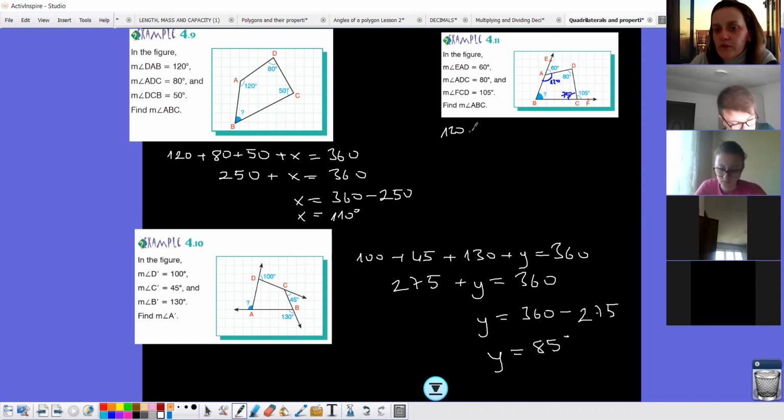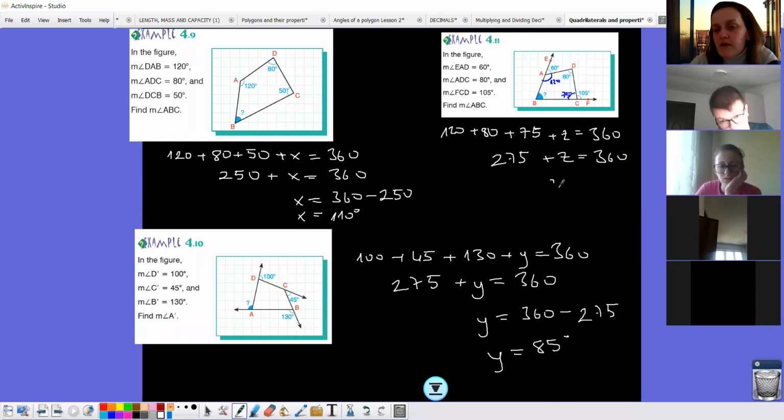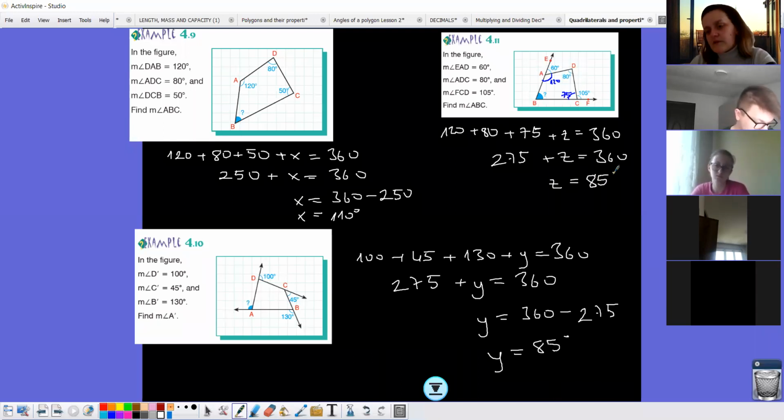Now we know the 3 interior angles and one of them is missing. So 120 plus 80 plus 75 plus, let's say, z here is equal to 360. So again, the same, 275 plus z equal to 360. Then z will be 360 minus 275. We have here the same one.